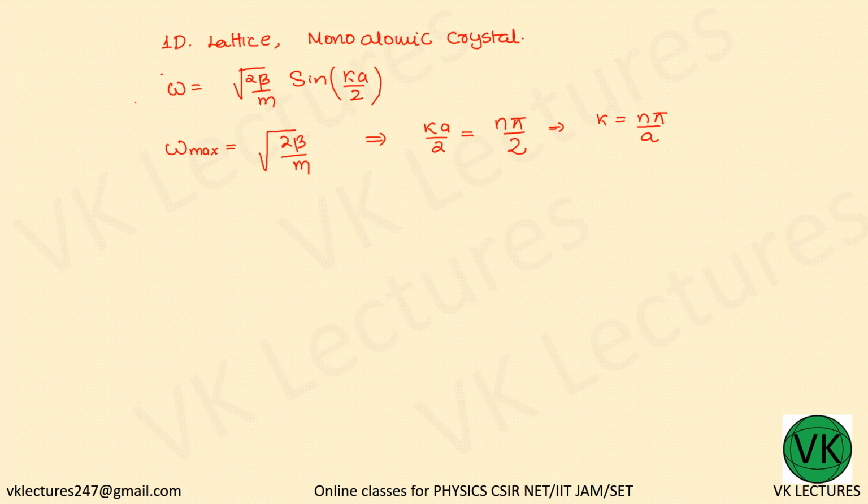So for the first one, for n equal to 1, you will write pi by a. Now we know that K is equal to 2 pi by lambda, and we say that it is equal to pi by a. Then you can write down the value of lambda as 2 times a. So lambda equal to 2a when the frequency is maximum.